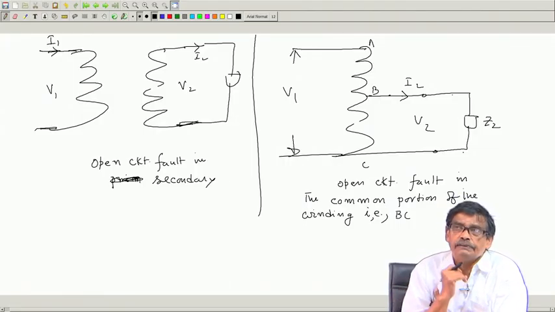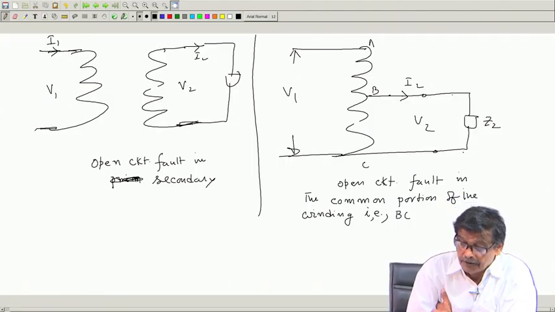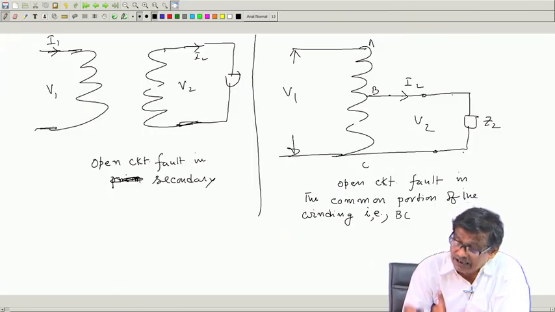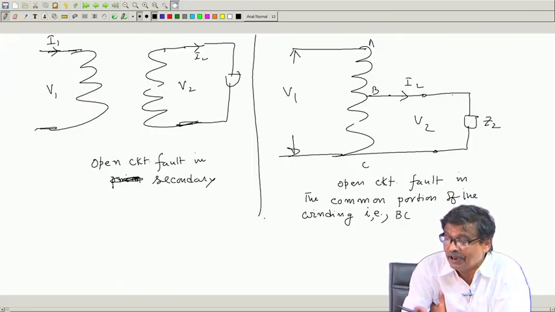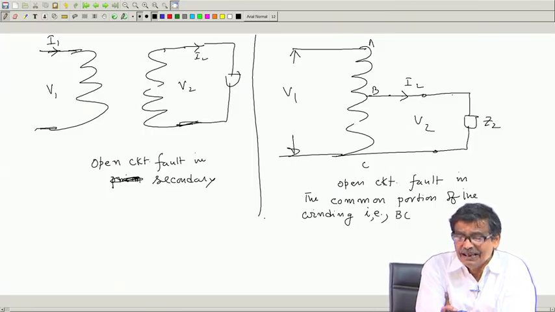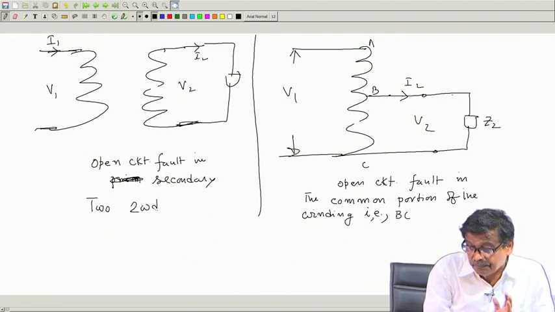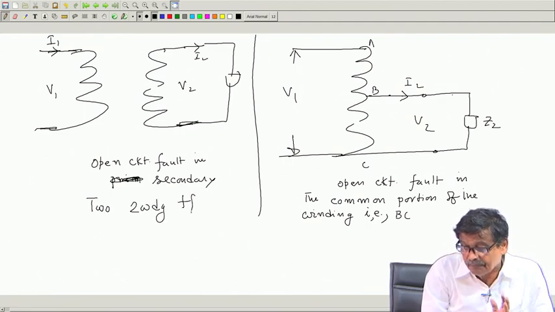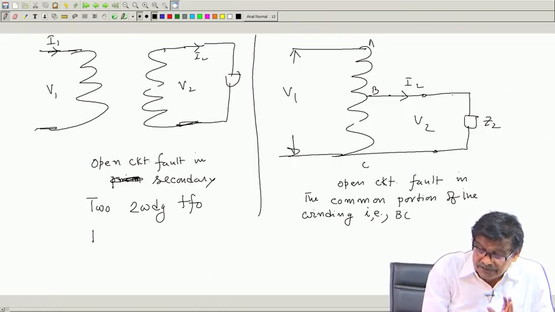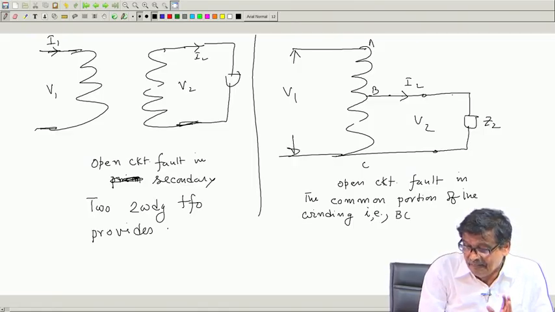And this problem is called isolation. So, an auto transformer does not provide isolation. Here if such a thing happens, it is isolated from the primary. So, isolation is the biggest point, a 2-winding transformer provides isolation.